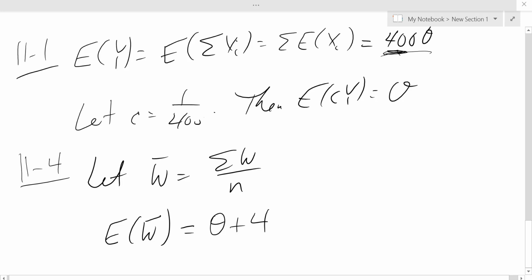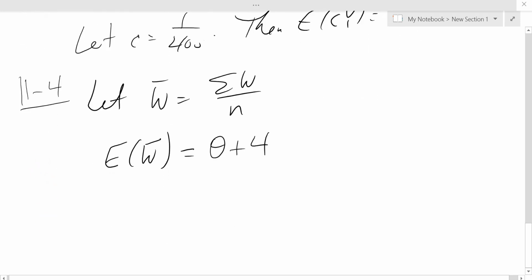I don't necessarily want to use just W bar to give me an estimate for theta. Notice I'm trying to get an unbiased estimate for theta. Remember, I want the expected value to end up being theta, so what would I need to do? Yeah, just subtract the 4 over.